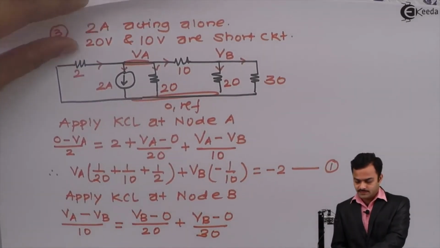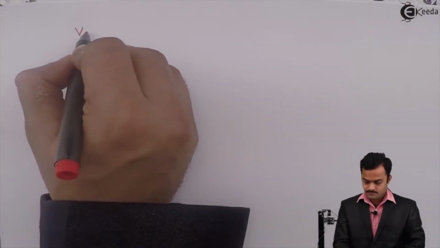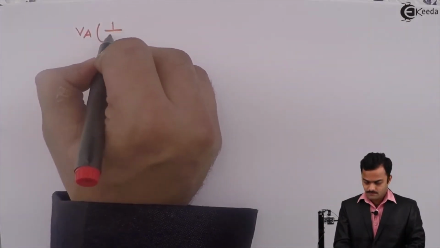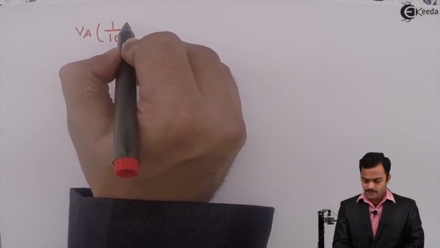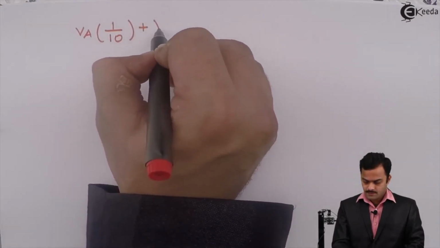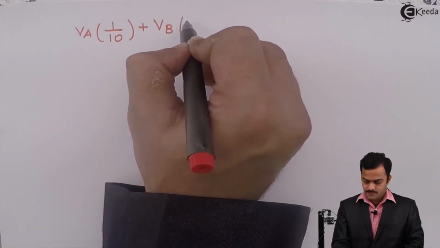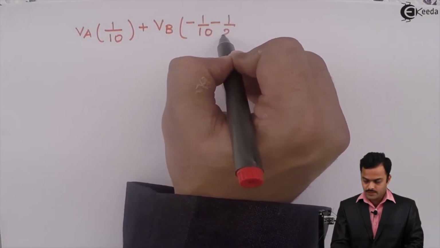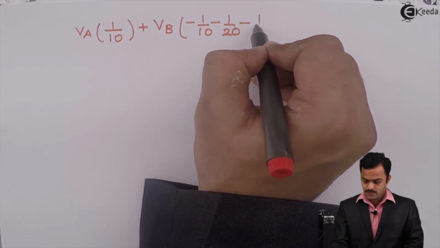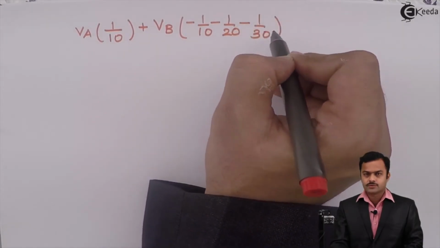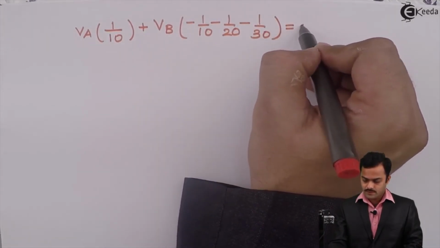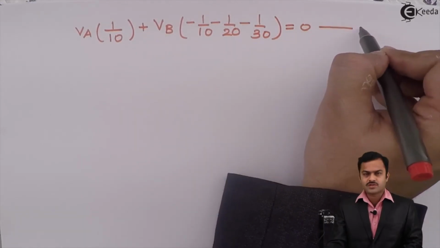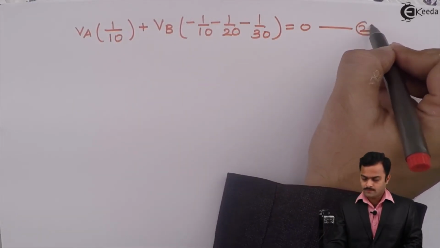Let's rearrange the terms. VA (1/10) plus VB (minus 1/10 minus 1/20 minus 1/30), since there is no constant term present, equal to 0. This is equation number 2.